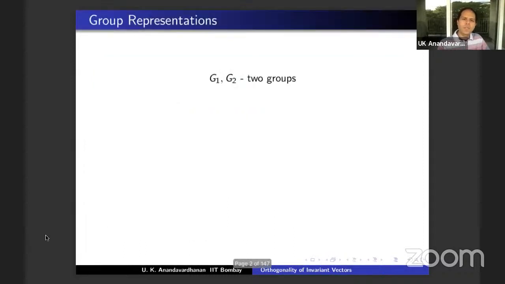So let's start with something very, very basic. Suppose you have two groups, G1 and G2, and consider a map from G1 to G2, and the correct kind of map between the groups is one which respects the group structure. So phi of xy is phi of x times phi of y.